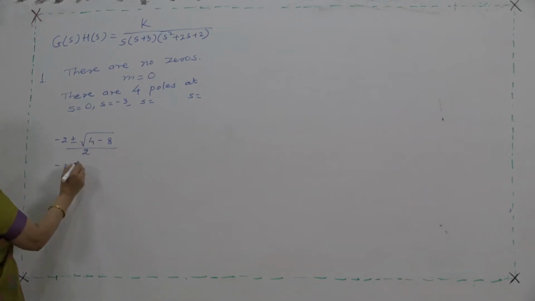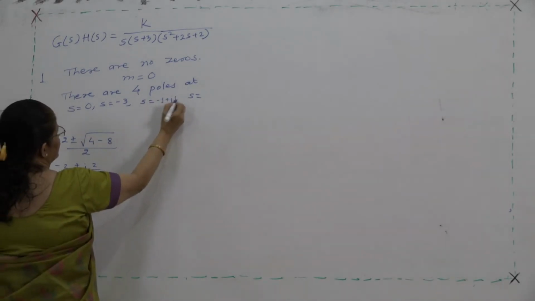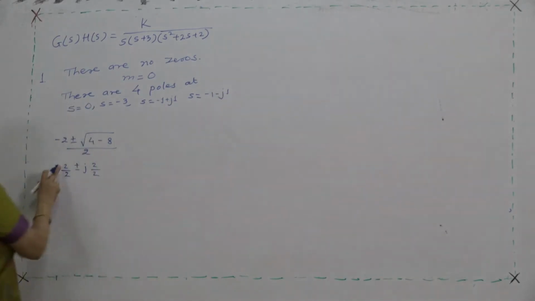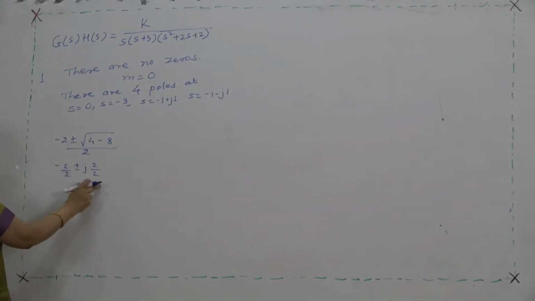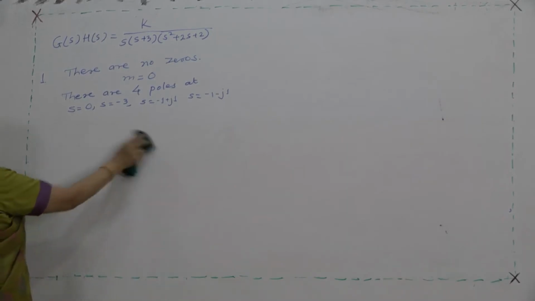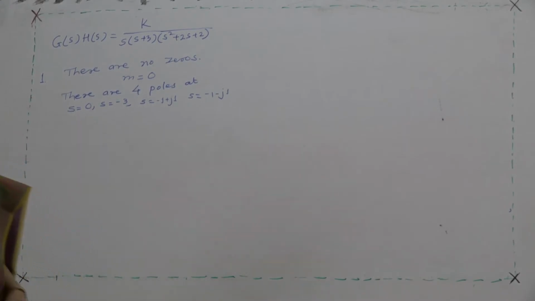You will get minus 2 upon 2, and here you will get imaginary root j2 upon 2, meaning that you will get one root at minus 1 plus j1, second is minus 1 minus j1, that is minus 1 plus minus j1. So, those 4 poles are there. So, the first step is you find out how many poles are there, how many zeros are there and where the zeros and poles are lying.